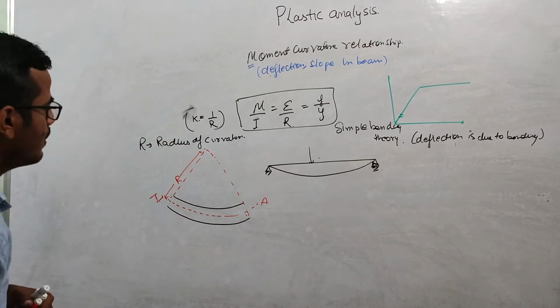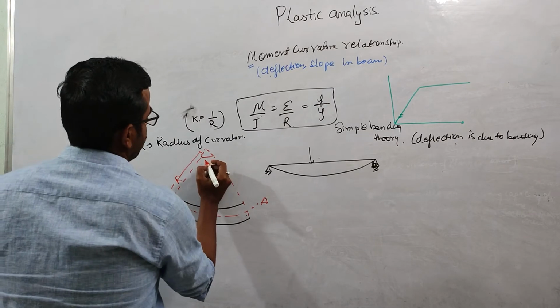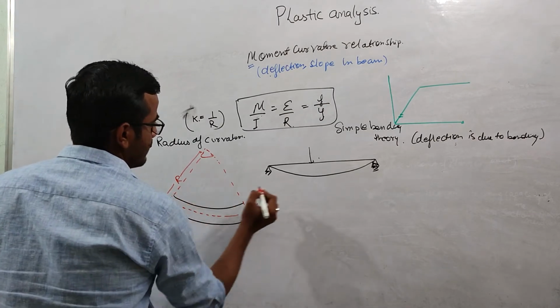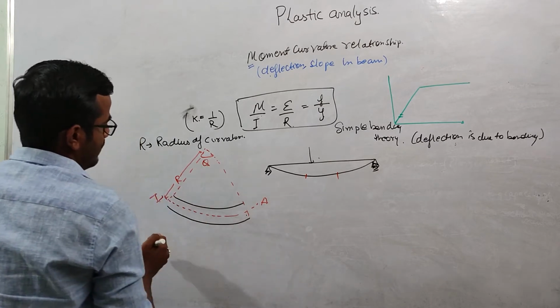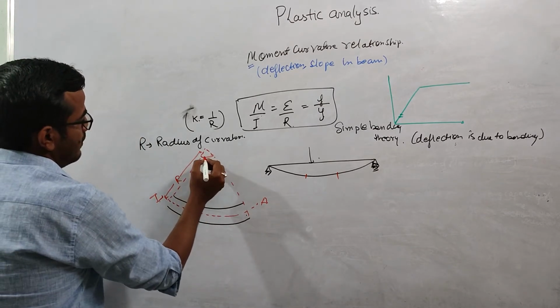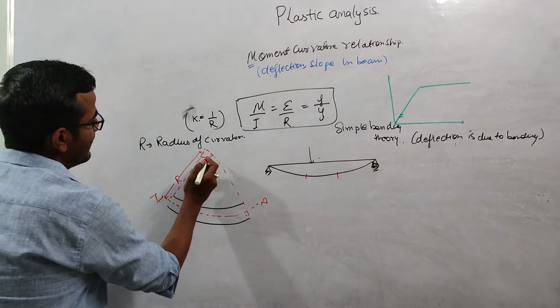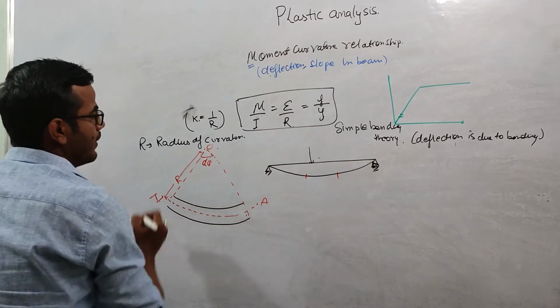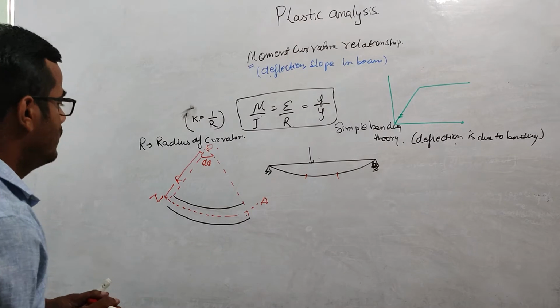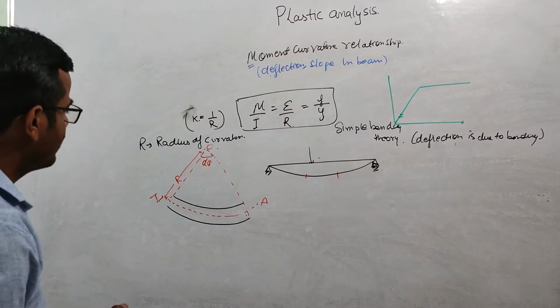Okay, so let us suppose this portion is forming an angle d theta at this O point, right? This we have already studied in the simple bending theory.